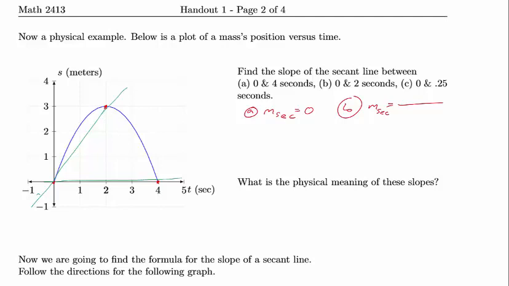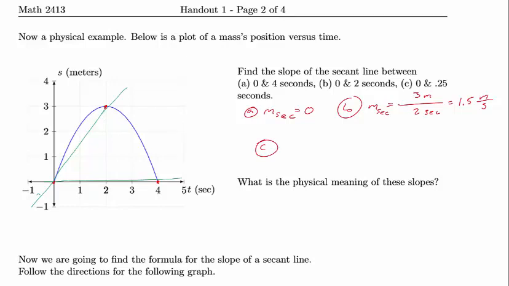It rose up 3 meters, and it ran over 2 seconds. And so let's go ahead and turn this into a decimal approximate this time, and this is going to be 1.5 meters per second.